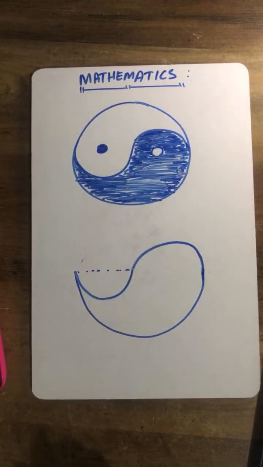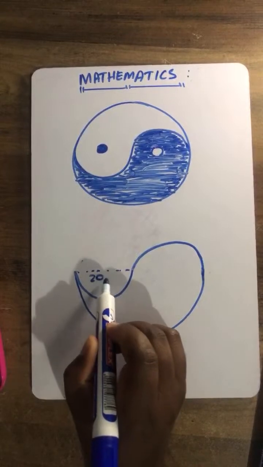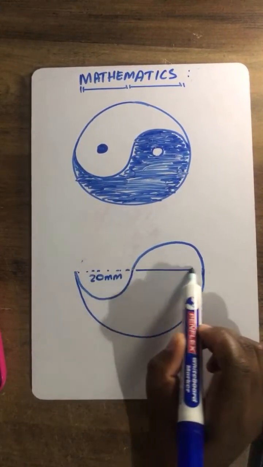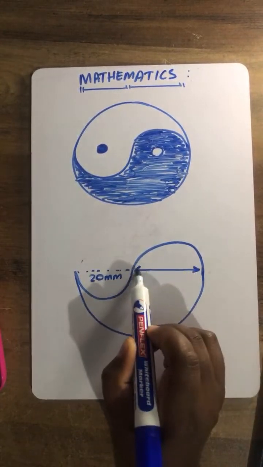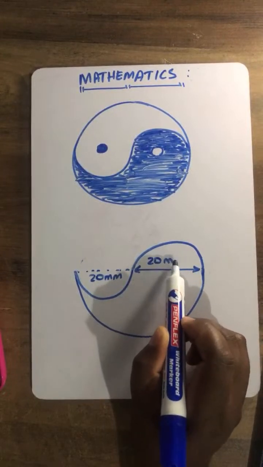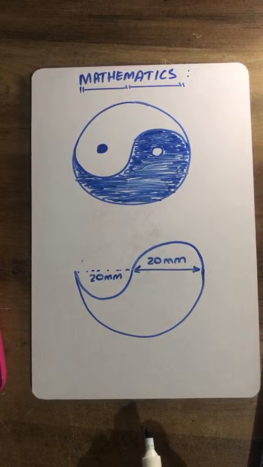And then they say there you are having 20 millimeter, and then again 20 millimeter. And then they say determine the perimeter of this teardrop shape. Round off the answer.